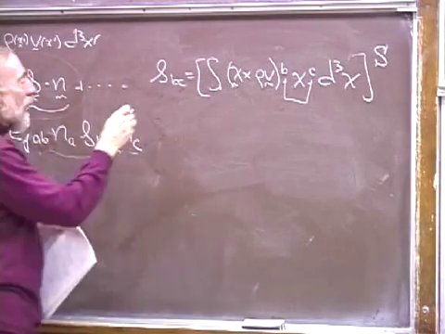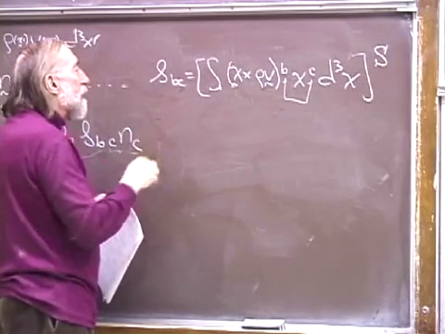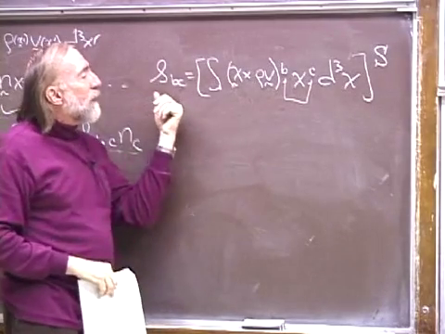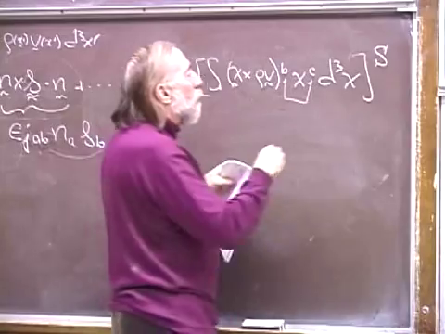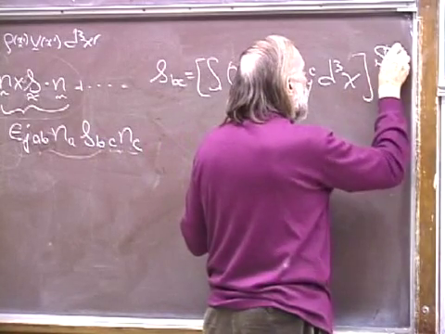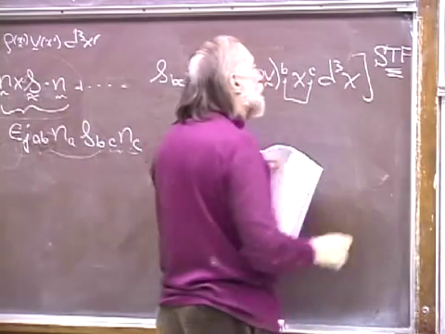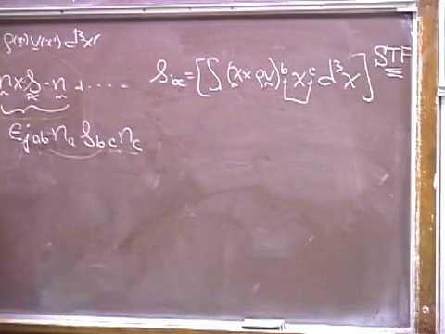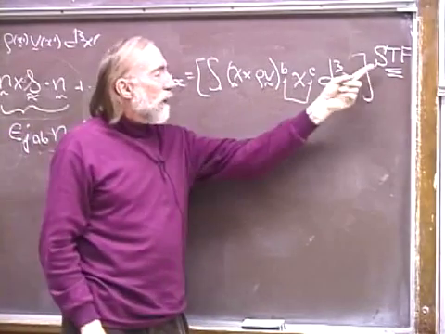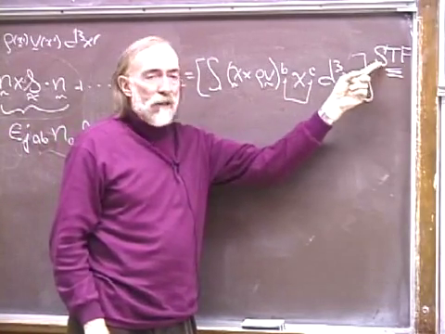So in fact, the analog of the magnetic quadrupole moment is, and then you have to remove the trace too, okay? So you symmetrize it and remove the trace. STF means remove the trace, S means symmetrize.